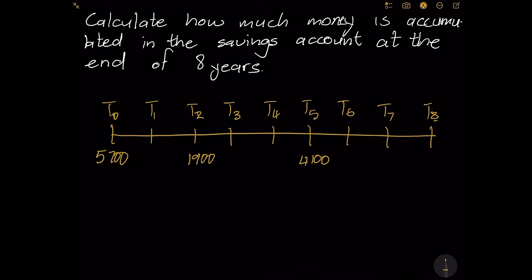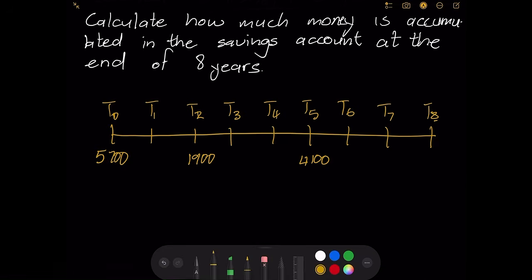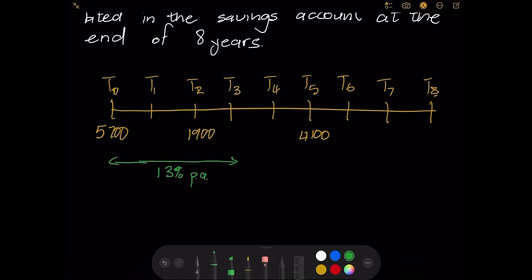Now, the difference is the interest rate. Remember, they told us that we have an interest rate of 13% for the first 3 years. Let me just verify that. Right, we have an interest rate of 13% from year 1 to year 3. But please remember, they said this is compounded quarterly.